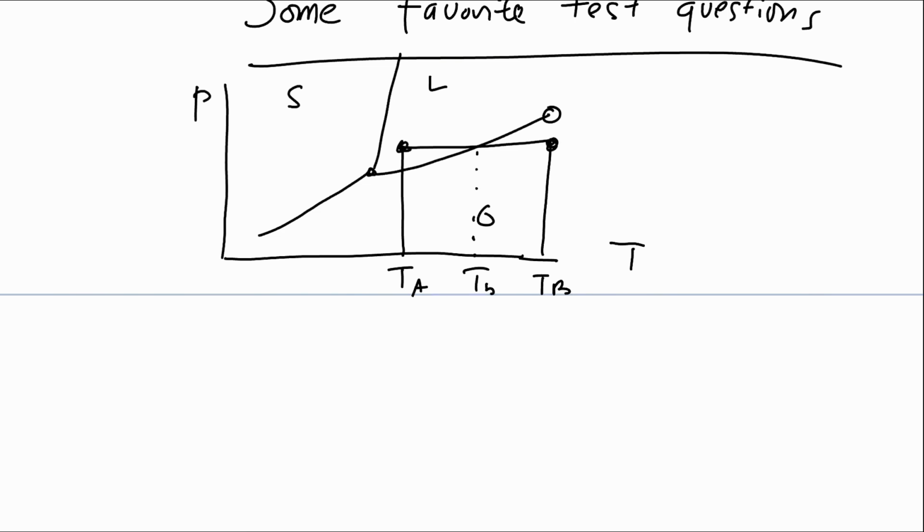And I'm imagining a process where I go from A to B. So I take a liquid, it could be water, at a constant pressure, and I heat it up. I add heat, I'm raising its temperature, and eventually it gets to the boiling point, this point here.